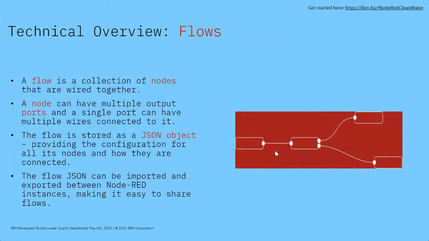The flow JSON can be imported and exported between Node-RED instances, making it easy to share. For example, you created a flow, or a solution, and a flow could be anything. If you want to share that with someone else, you can import and export these flows.